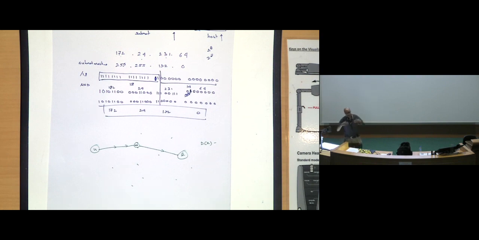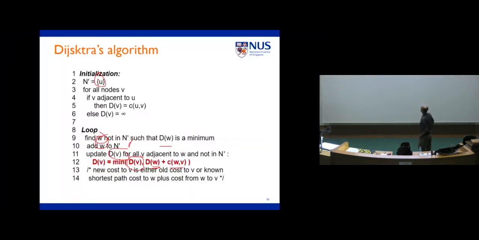Okay. At every step, I will pick the best neighbor right now, or the best way to go, and from there, is it any better? So I will update the distances for every other node in the network.